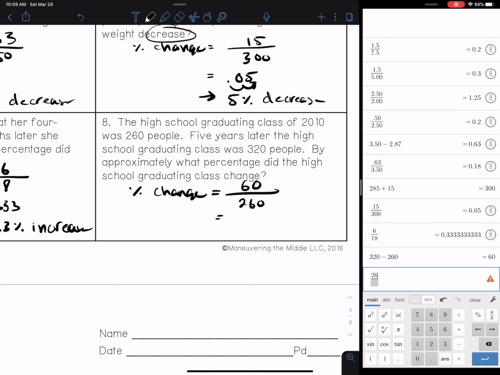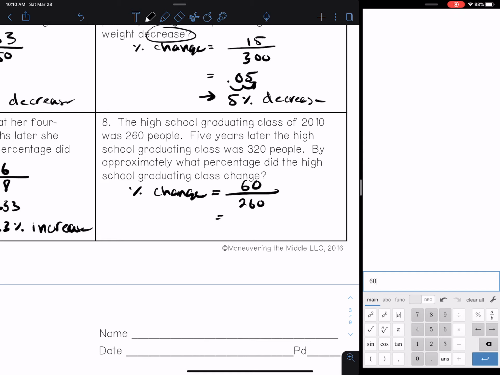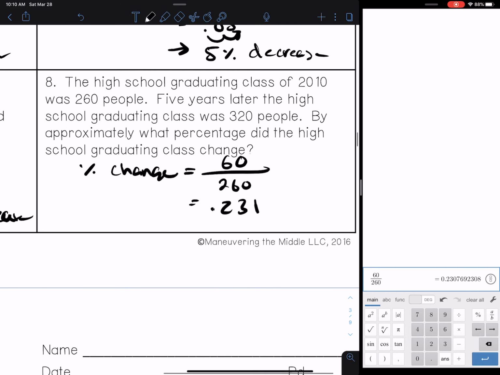60 divided by 260. And we get 0.23, and that 0 is going to be rounded up to a 1. So from there, again, this must be expressed as a percentage.